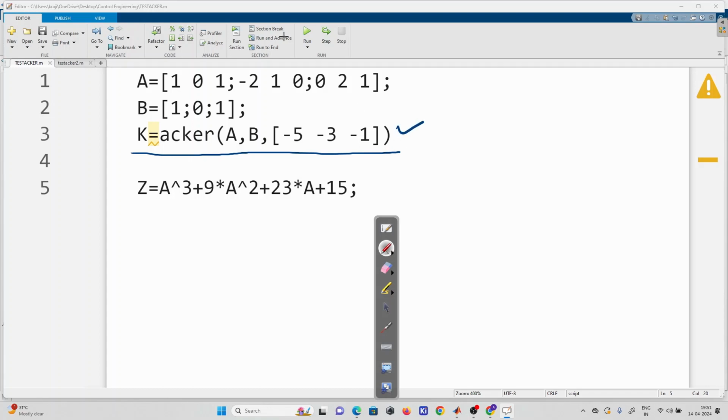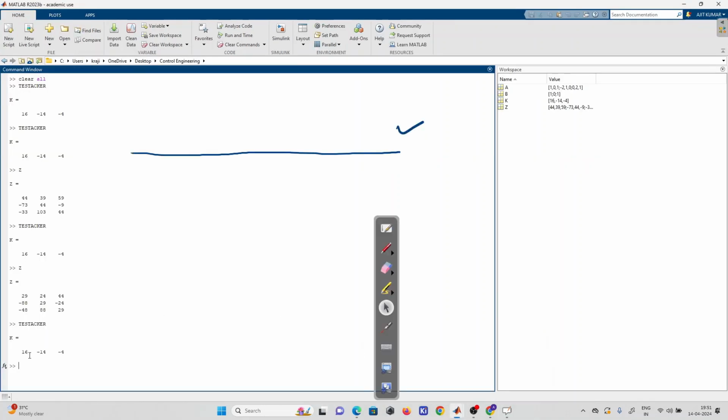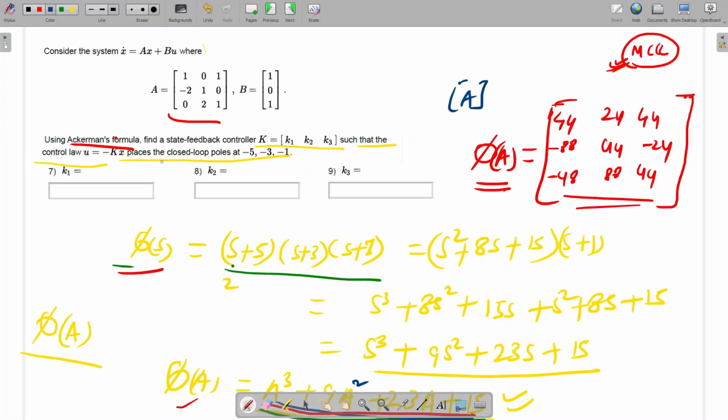So we have seen the answer; if I run this one, go to the command window, you can check the result there. We are getting 16, -14, and -4. So K is equal to 16, -14, and -4.